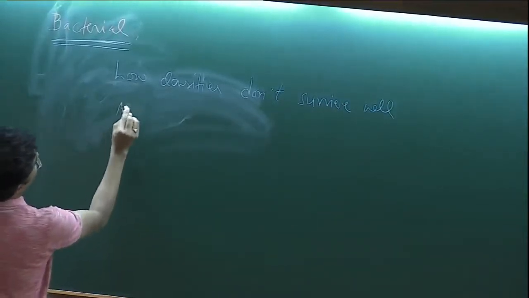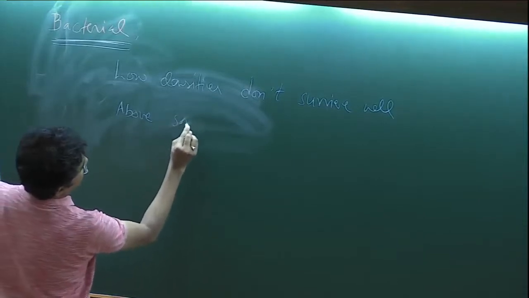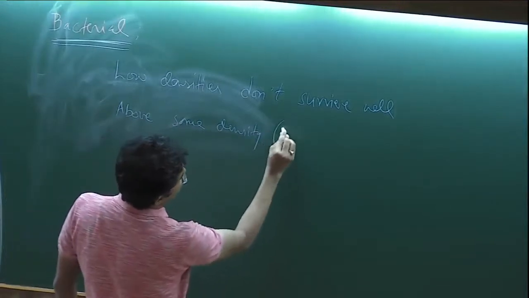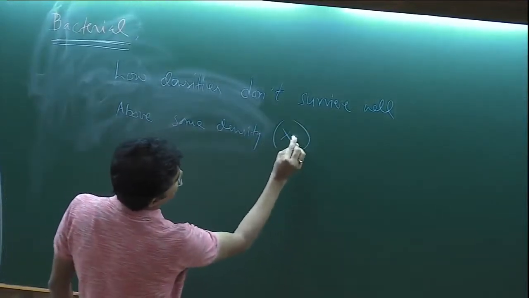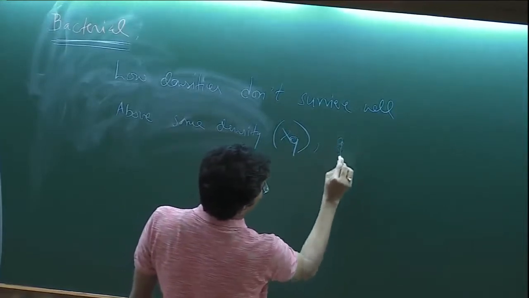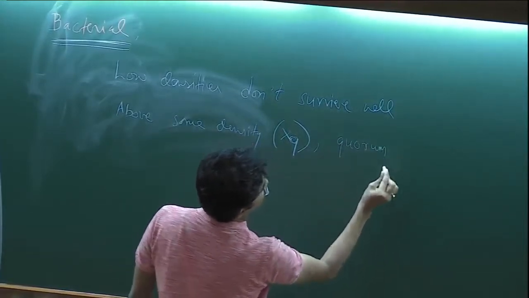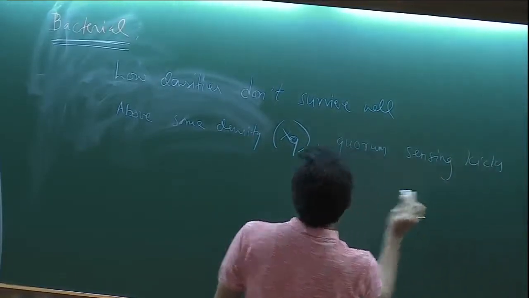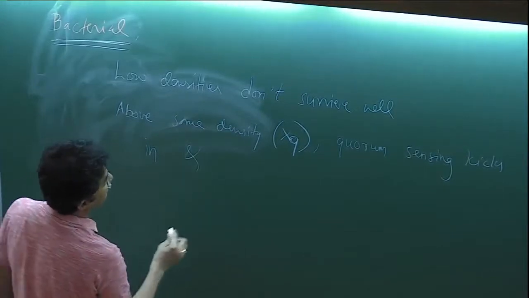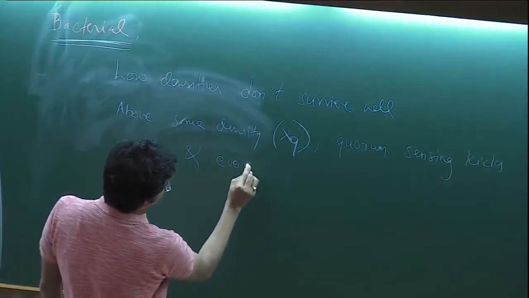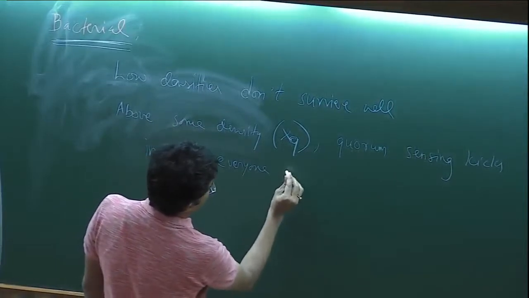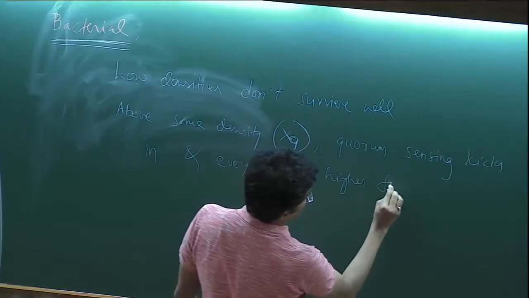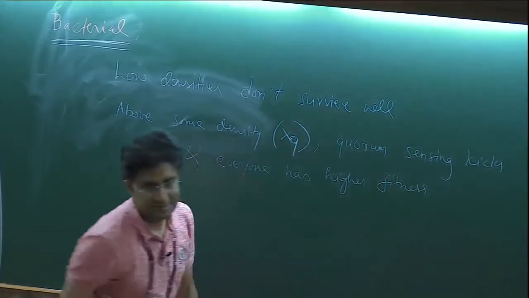Above some density, let's call that xq, they exhibit quorum sensing, and everyone has higher fitness.